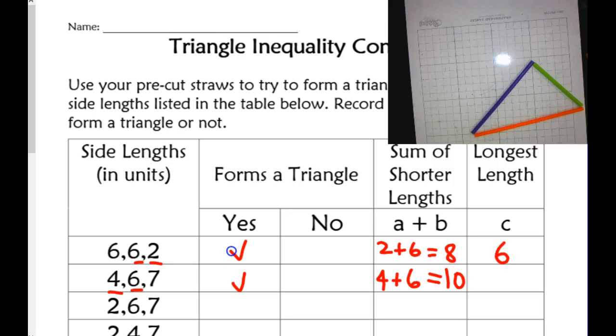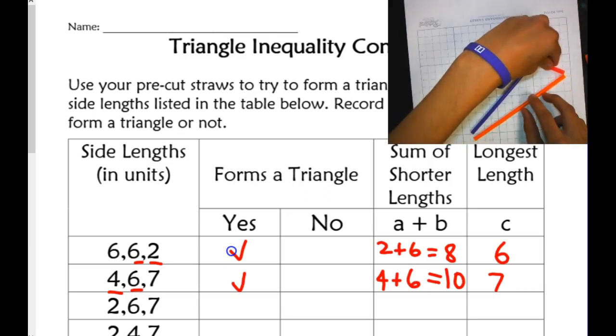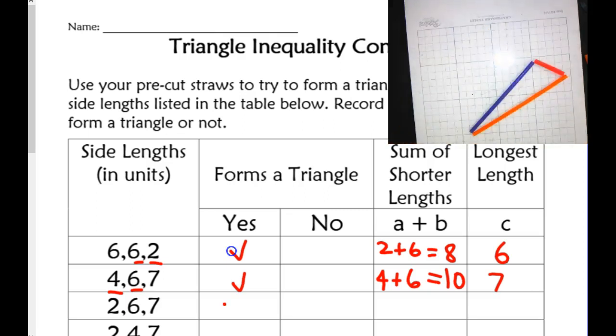And then my longest side is 7. Okay? Let's try 2, 6, 7. So red, purple, orange. Okay, so that's also a triangle. That works out. And we can put our small lengths added together, 2 plus 6 equals 8. My longest length, 7.